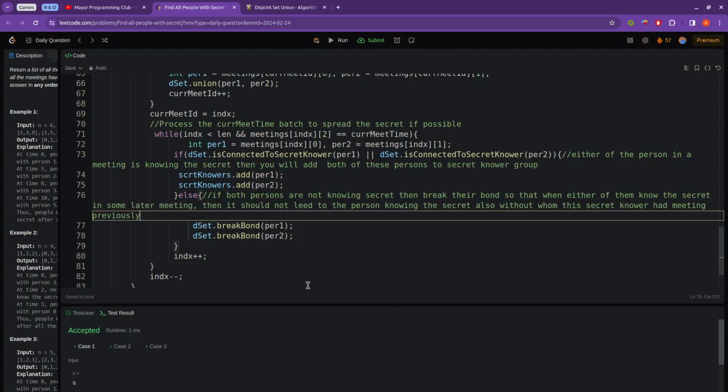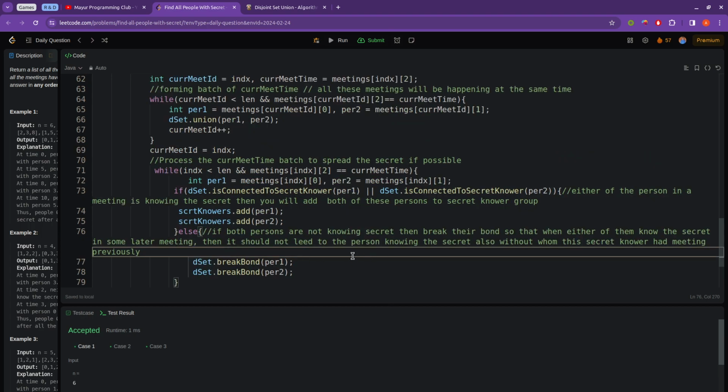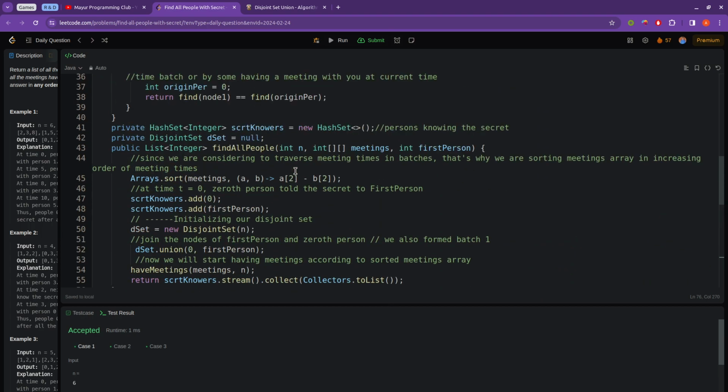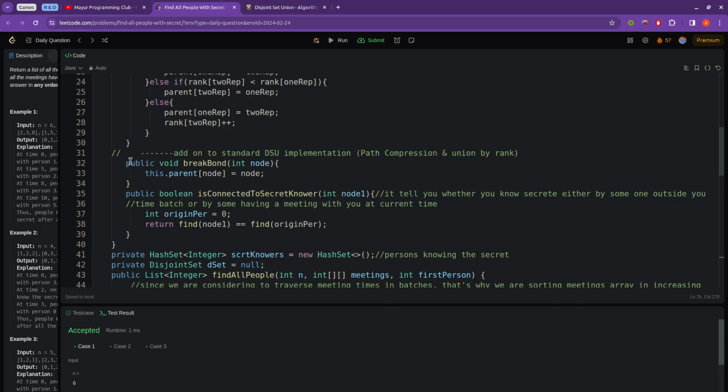With that out of our way, we are only left to see what this bond break function is. When you study the disjoint set, you will see that we are just separating out these two elements.